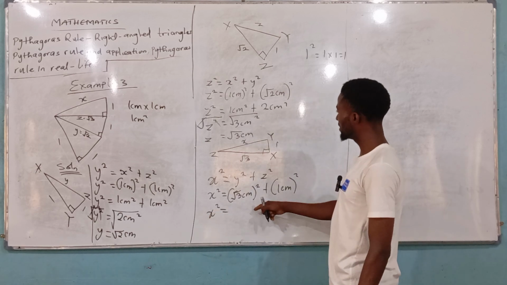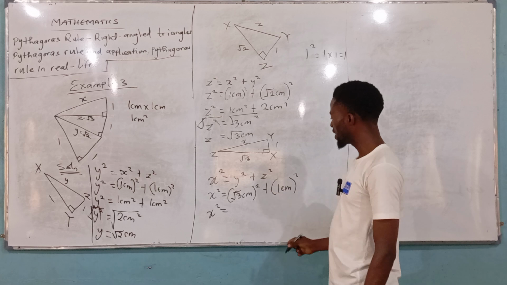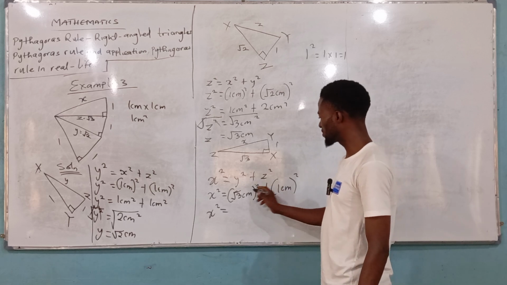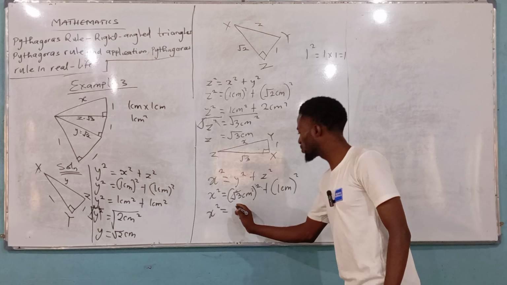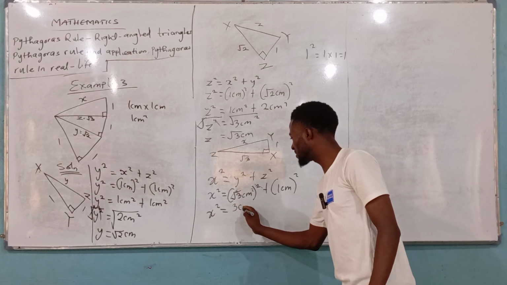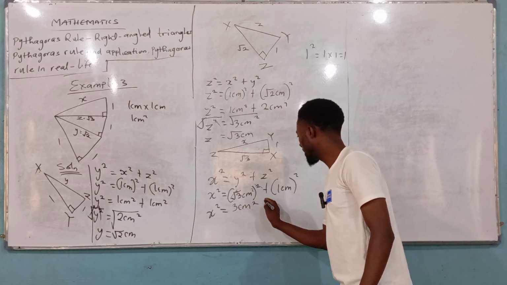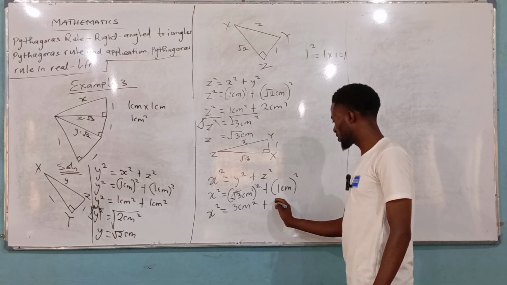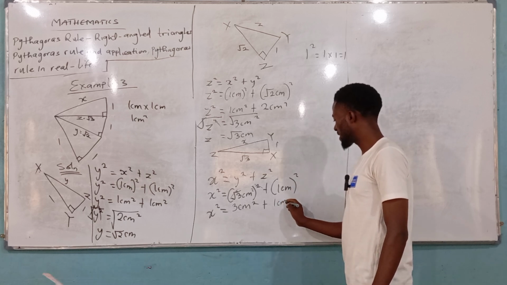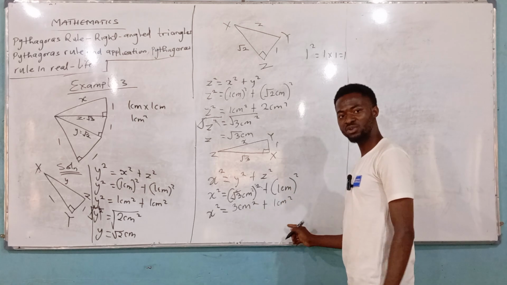The same way we did earlier, the square goes with the root and we have 3 centimeter squared plus 1 centimeter squared.